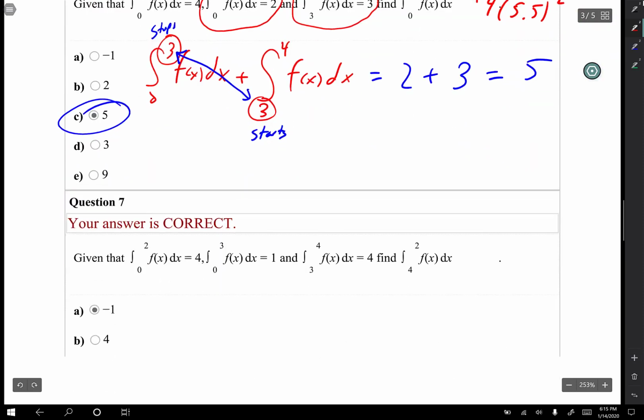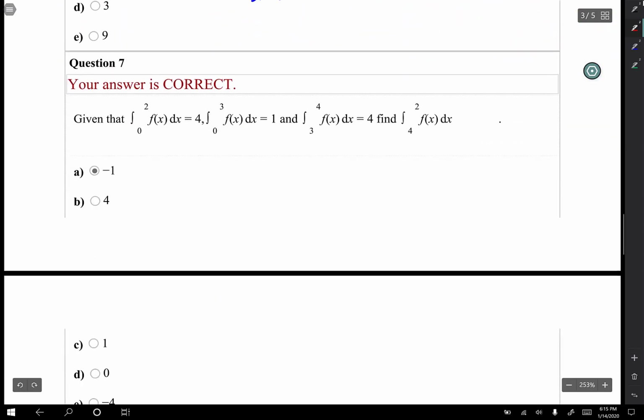All right, let's keep going. On this one here, they want 4 to 2. So what are we going to have to do? First, I want to find this one first. I'm going to do 0 to 3, f of x dx plus 3 to 4, f of x dx.